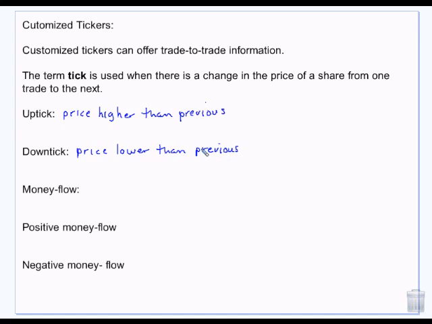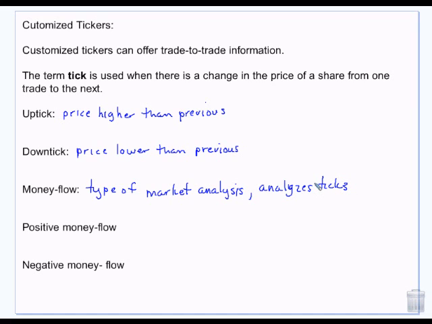Okay. Money flow is a type of market analysis. So that's just analyzing the stock market. It analyzes ticks, so ups and downs. That's all it does.